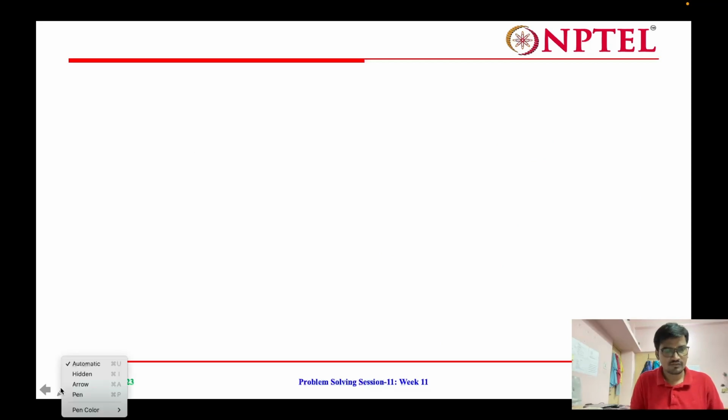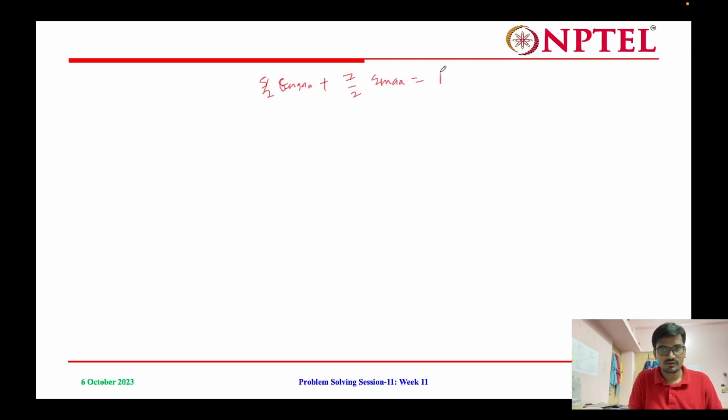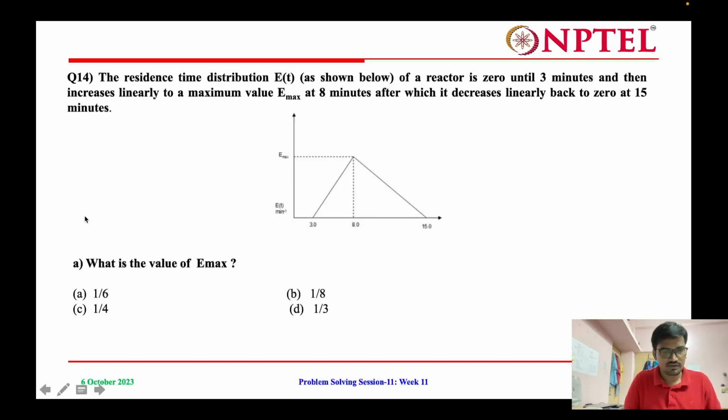So 5 by 2 E max plus 7 by 2 E max equal to 1. So E max equal to 1 by 6. Take the option. So option E is matched.